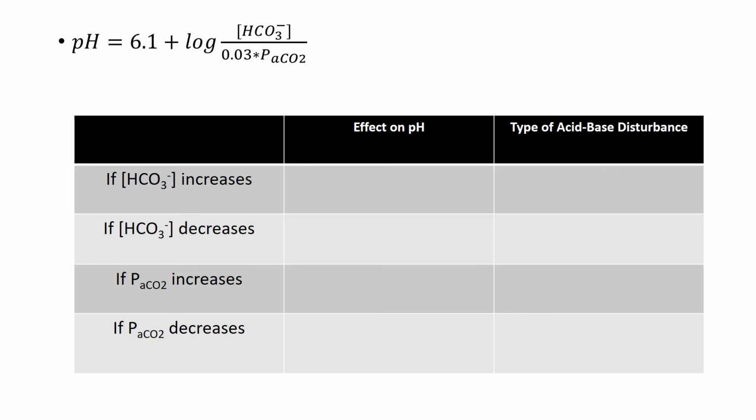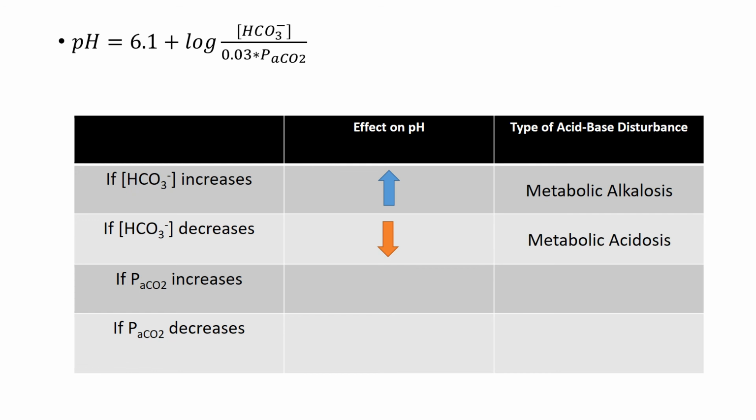That means the solution becomes more basic, and if it's more basic, we think of it as an alkalotic process. And since we're talking about the bicarb, it's a metabolic alkalosis. Conversely, if the bicarb decreases, the fraction decreases, the log decreases, the pH decreases and becomes more acidotic. Thus, the pH decreases and we develop a metabolic acidosis.